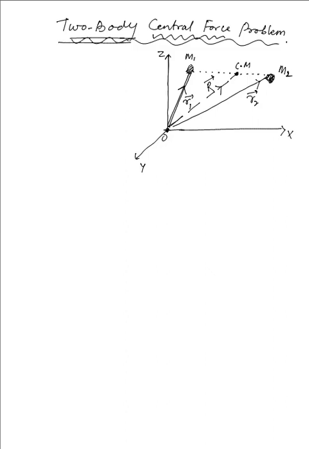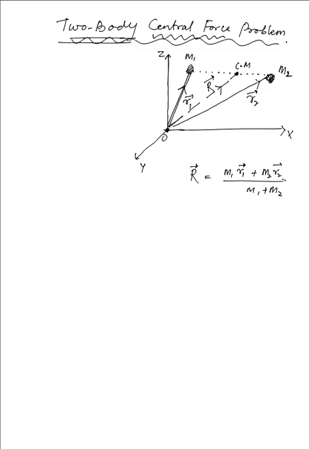As you know, the position of the center of mass is related to the individual position vectors of the masses. At least for two bodies we have m1 r1 plus m2 r2, divided by m1 plus m2. This is the expression for the position vector of the center of mass.